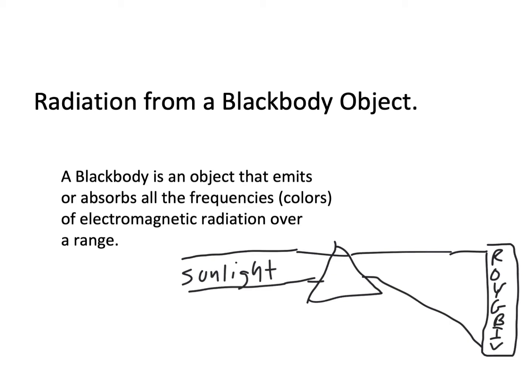And so you've got red, orange, yellow, green, blue, indigo, and violet. So those are all the colors of the spectrum. And so that would be an example of a blackbody because all the different colors are there.